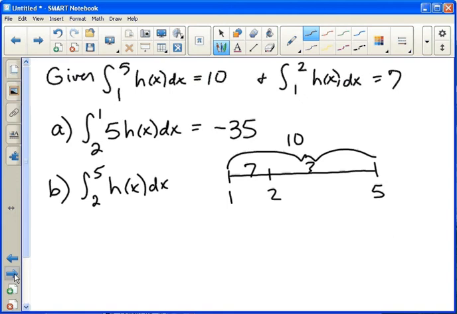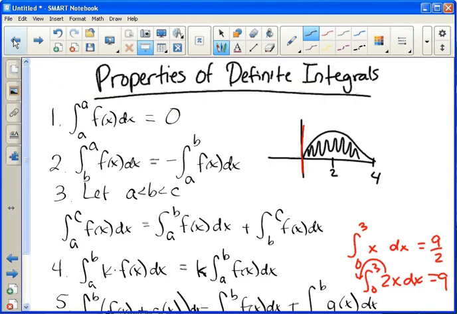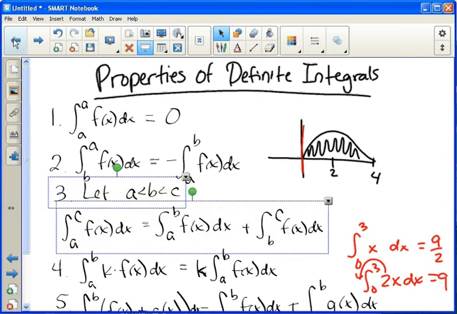Okay, the reason is that property. Let's go back and look at it. It's this property number 3 that allows you to split up into two pieces. That's the idea we're working from. So if you wanted, you could set it up this way.